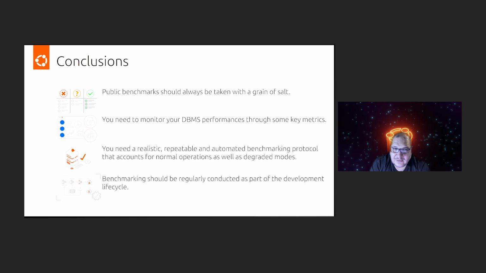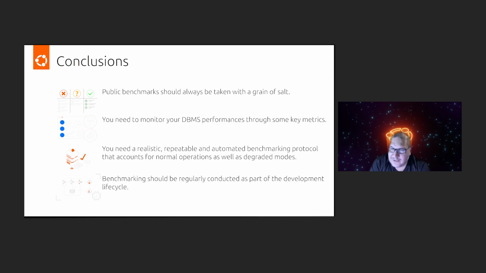And then you need to build a realistic, repeatable and automated benchmarking protocol, following the recommendations that I tried to share with you here, that should account both for normal operation as well as degraded mode when there's a failure in the system. That's very important because it has a lot of implications on your capacity planning.